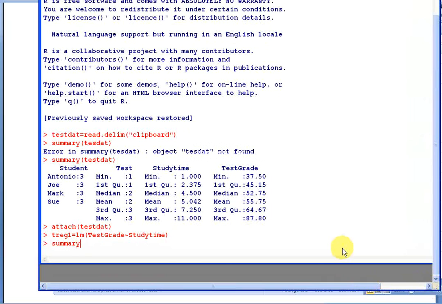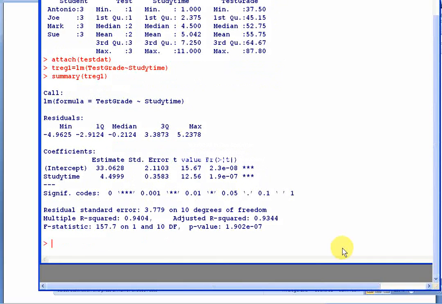Summary of T-Reg 1. Now someone else, well, actually the same person, asked me to go through explaining tables of regression results. So in most regression results, this just describes the residuals here, the largest negative, the largest positive residual.